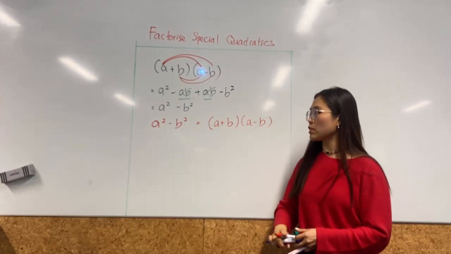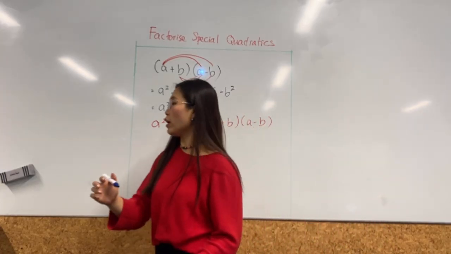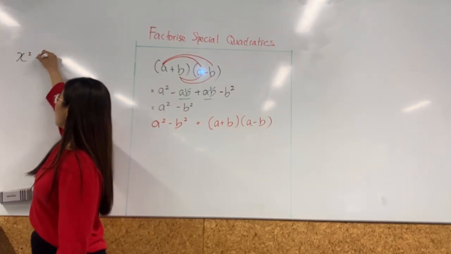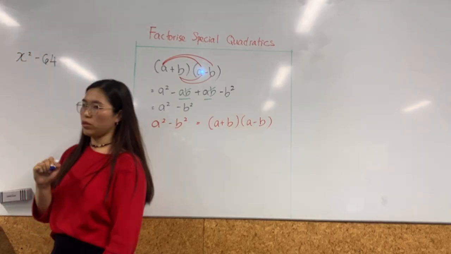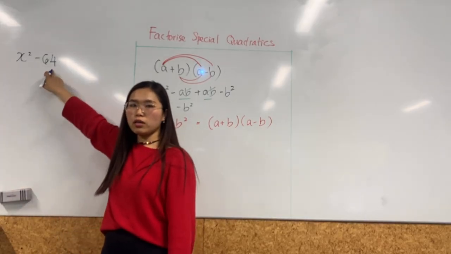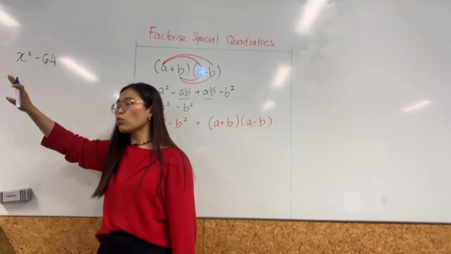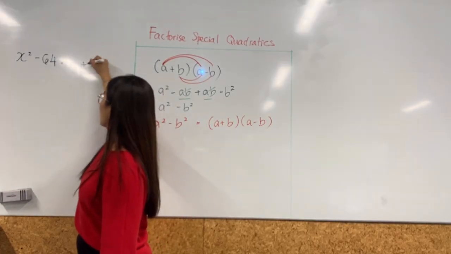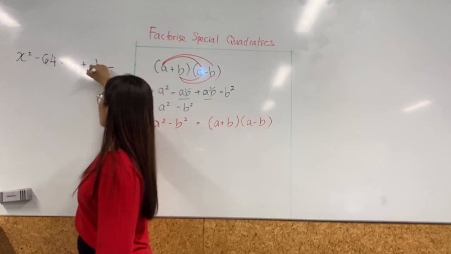Let's have a look at some examples. Starting with an easier one, you got x squared minus 64. That is a square number, and this is a square number, so this is the difference between two squares. So I know there's going to be a plus and a minus in these two brackets.